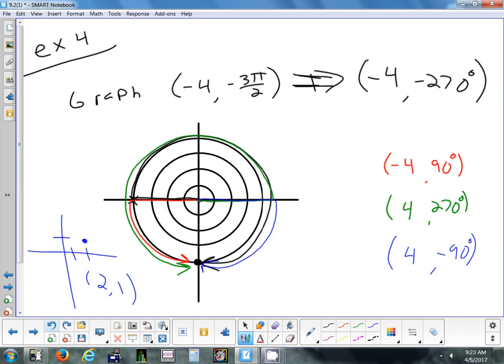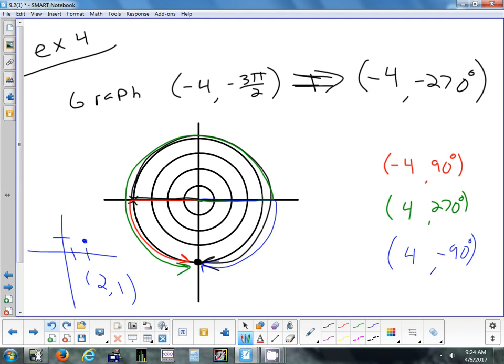Well, if you change that R coordinate, isn't there unlimited ways to get to that point? If you change R, it's going to put you on a different circle. So if you look at it, you have negative, negative; negative, positive; positive, negative; positive, positive. That's the 4 ways.